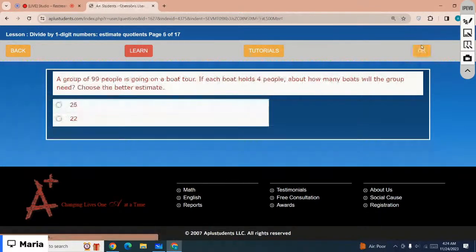Okay, a group of 99 people is going on a boat tour. If each boat holds 4 people, about how many boats will the group need? Choose the better estimate. Which is the correct option?